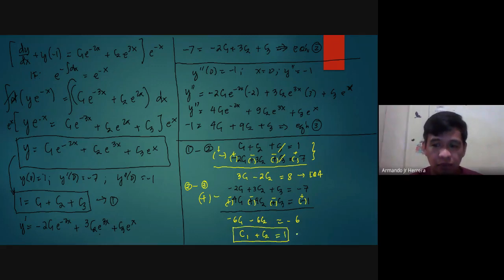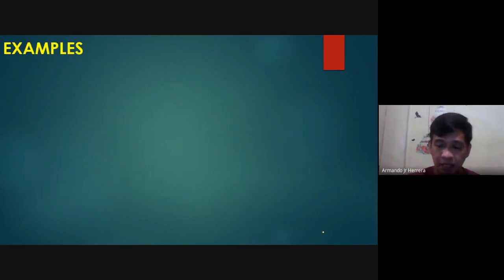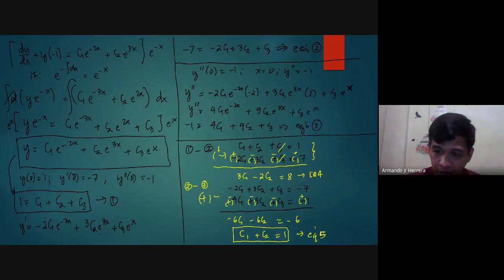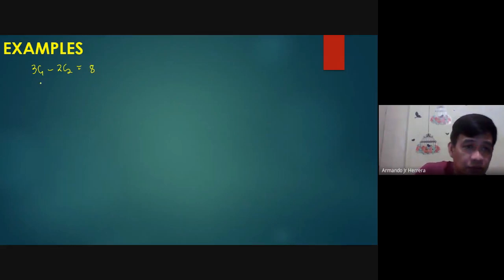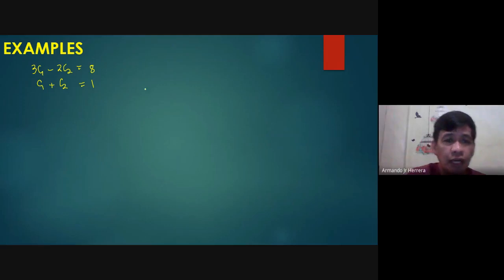So this will be my equation 5. Okay, so there's no more space, so let's use this as another. You have equation 4 as 3c1 minus 2c2 is equal to 8, and then we have c1 plus c2 is equal to 1. Remember, this is equation 4 and this one is equation 5.